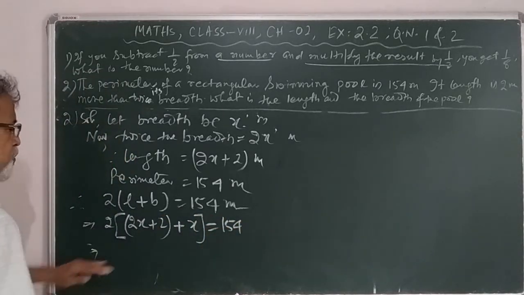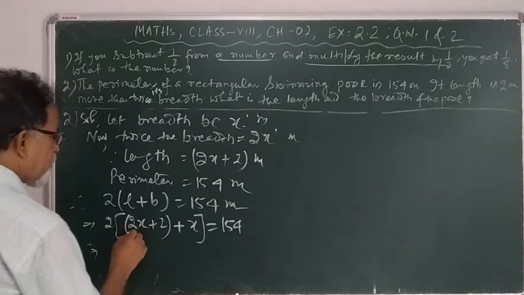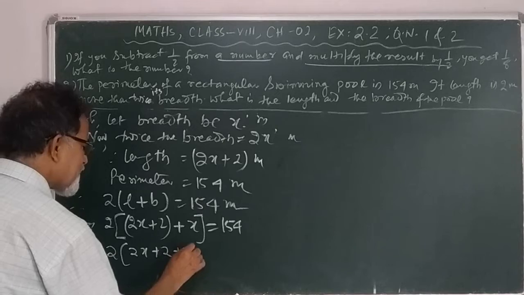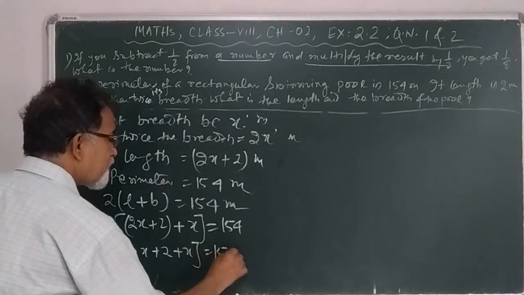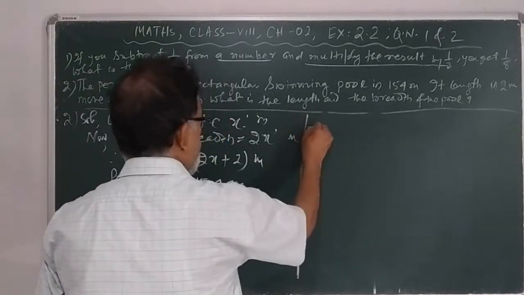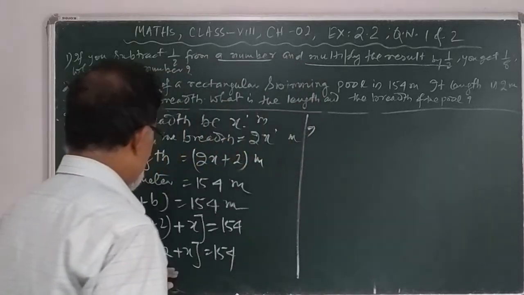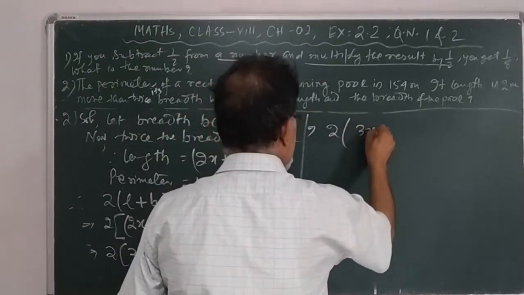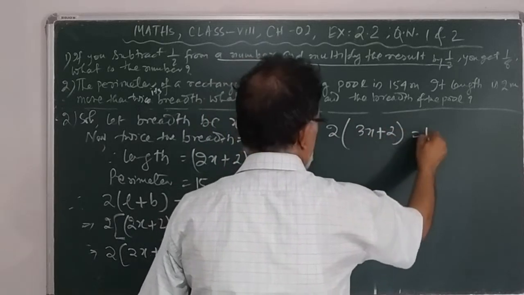Now I am going to open the first bracket. This is 2x plus 2 plus x, 154. I am going to simplify the LHS. 2 into 3x plus 2 equal to 154.